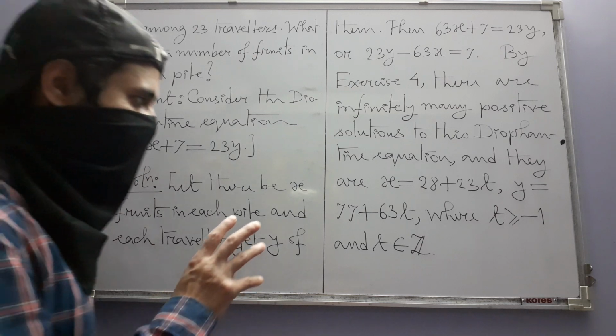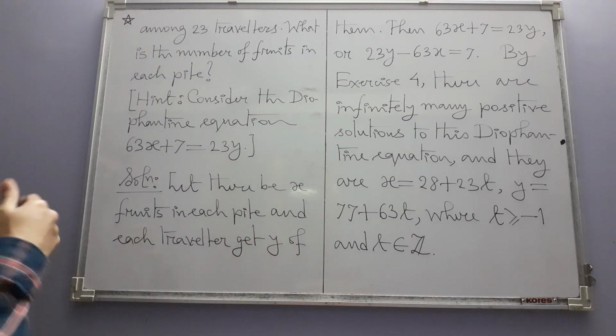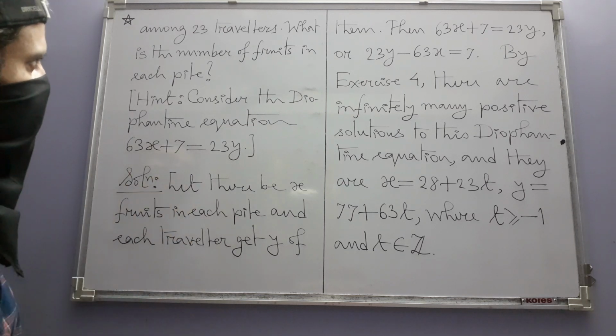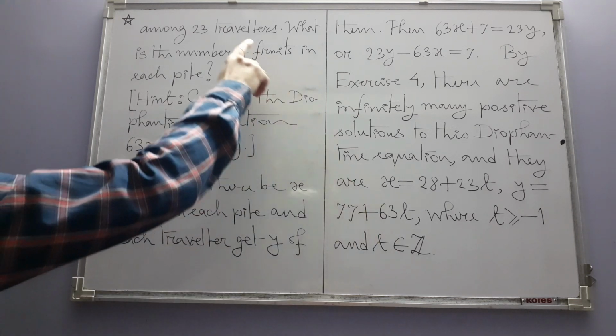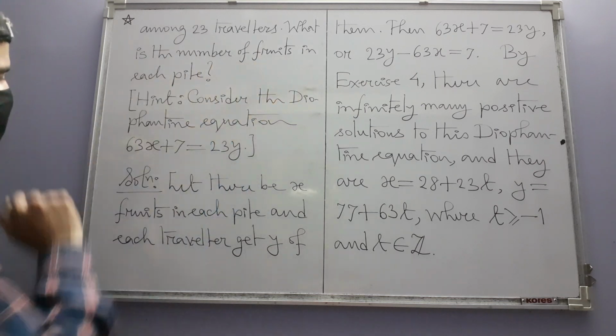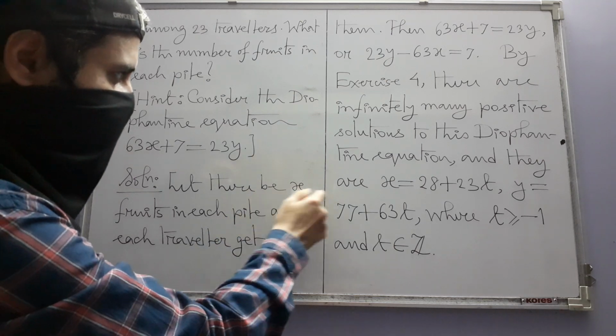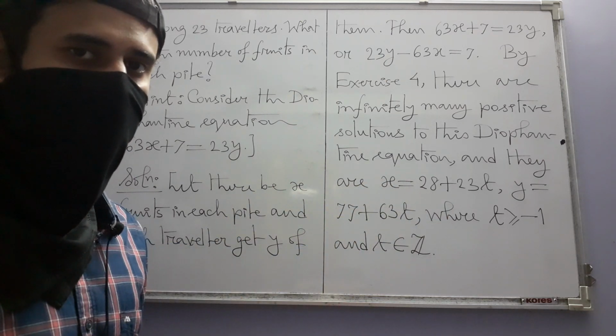And when we are saying that these are all the solutions, that itself automatically answers the question. Why? Because we are being asked to find out the number of fruits in each pile, and that is x. So this is how x looks.